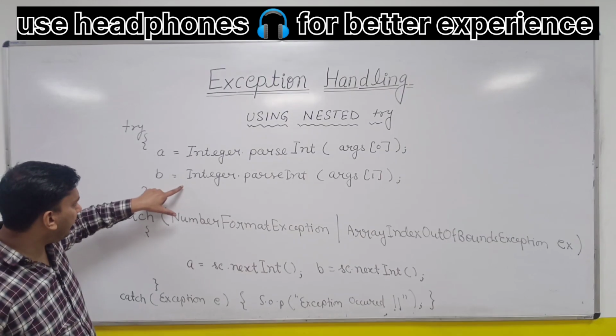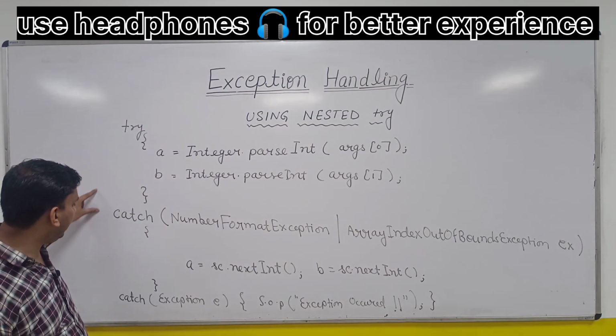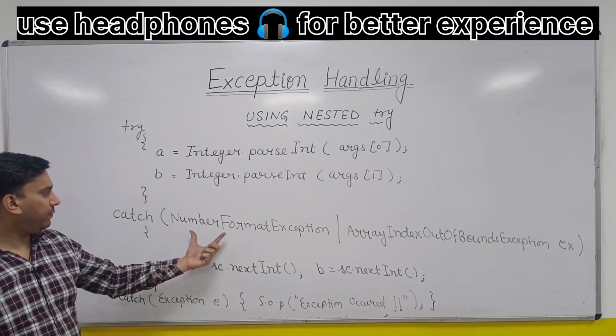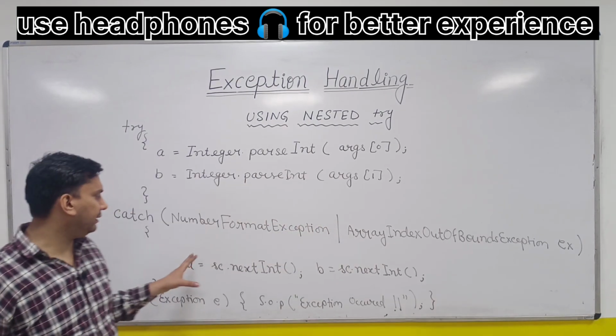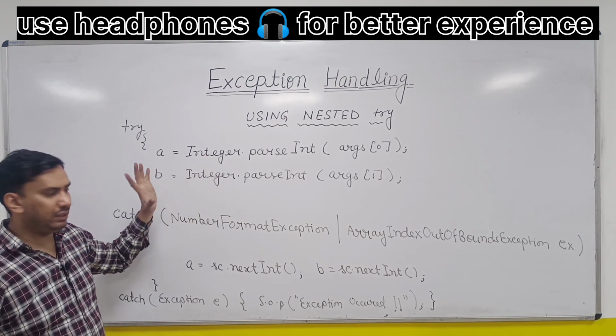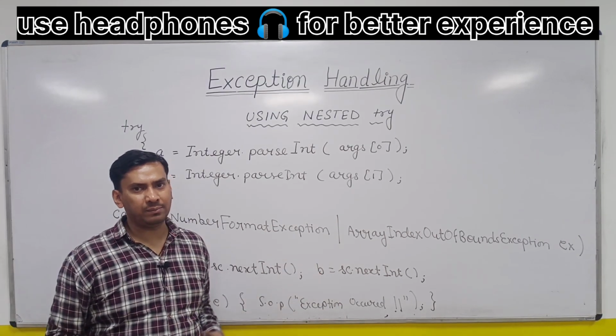When the exception occurs in either this line or this line, it will go to the catch block, which is capable of handling number format exception and array index out of bounds. So it will definitely execute this catch block and try to execute these two lines.